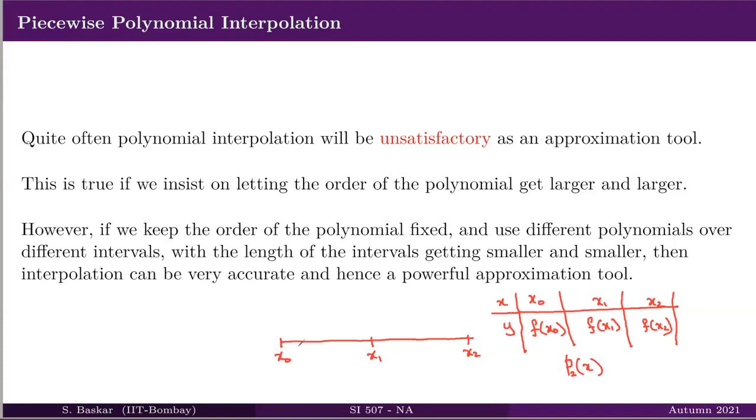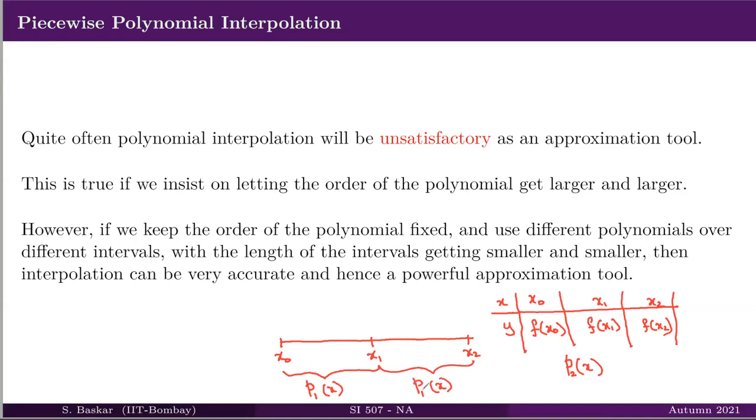Instead of that, you take these 2 points and generate the polynomial P1 of x in this interval. And similarly, you take these 2 points and generate another polynomial P1 of x, okay?